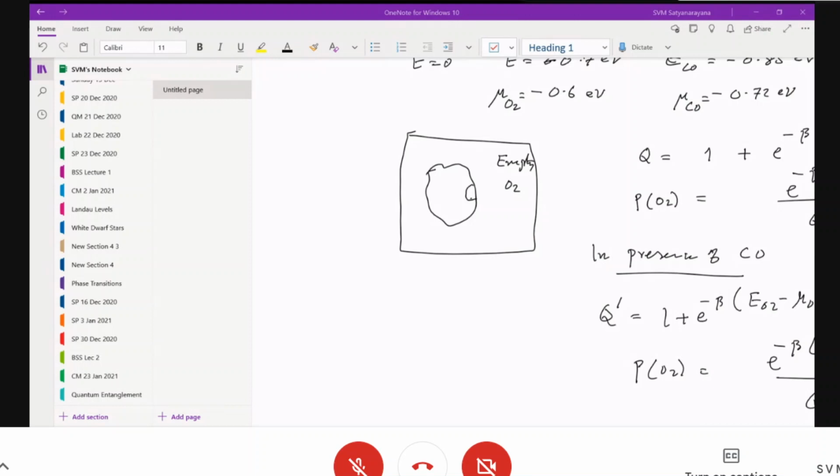Sir? Yeah. So when the grand canonical partition function Q is written, it is a summation over i and summation over j of e to the power minus beta Ei minus mu Nj. If there is no cross term coming, that means there is some constraint on i or j.